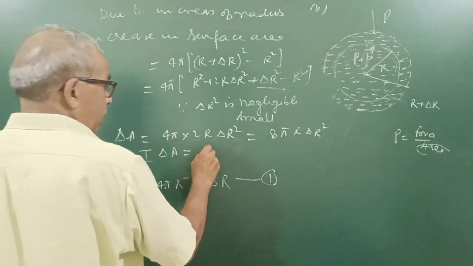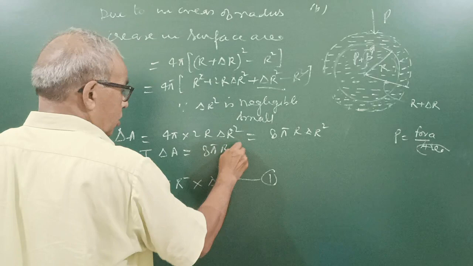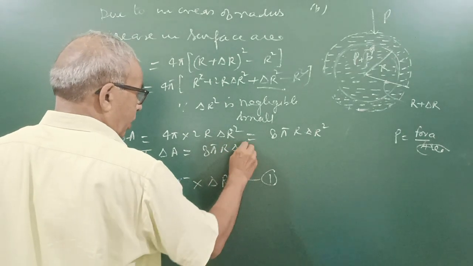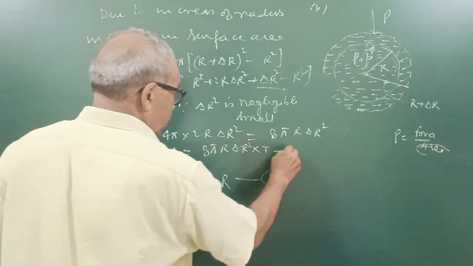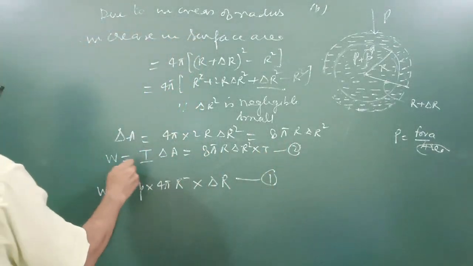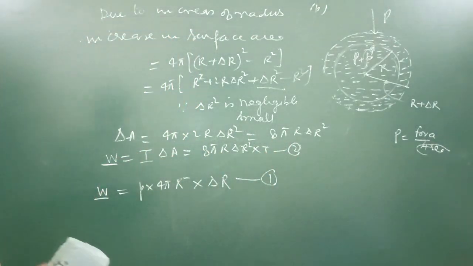So it is 8 pi R delta R into T, equation 2. This work done is on the drop.